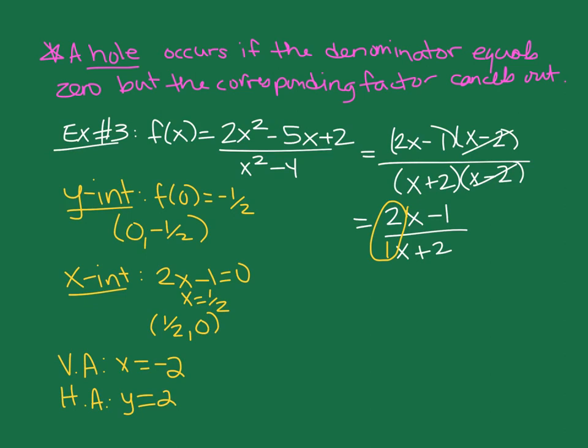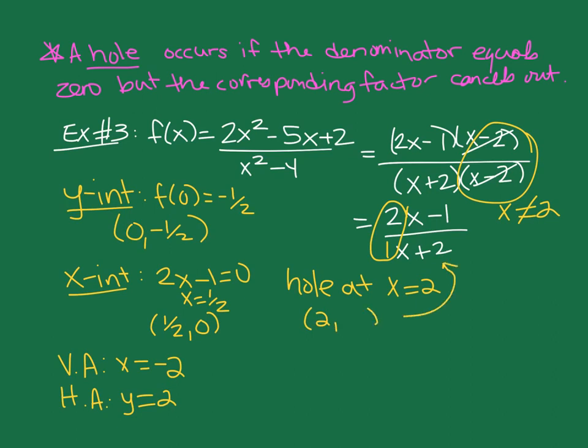The other thing is that I have to account for this factor that was canceled out. So I know that x equals 2 is not in my domain, so I have a hole at x equals 2. And what I can do is find the specific point where there's a hole by taking 2 and substituting it into this simplified form.